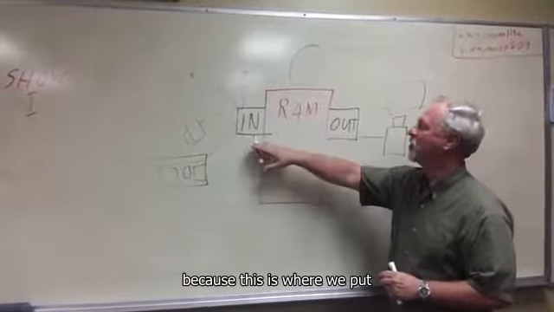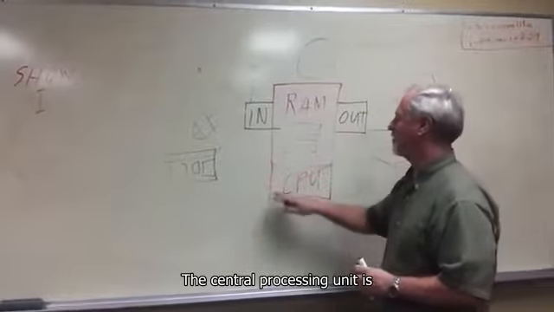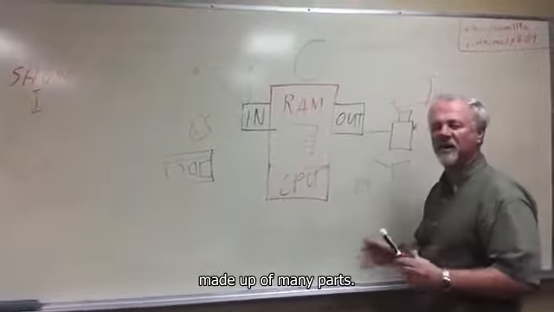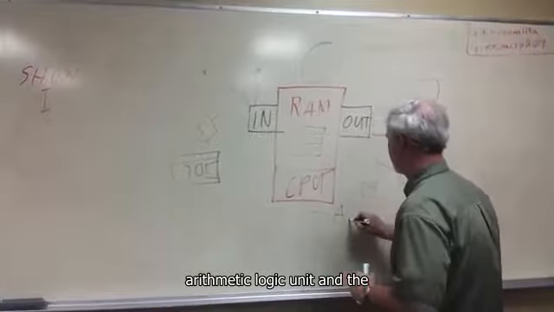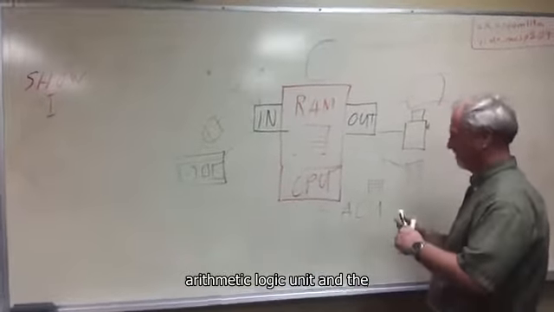Next we have the CPU, Central Processing Unit. The Central Processing Unit is made up of many parts. We're just going to talk about the two major parts. Two major parts would be the arithmetic logic unit and the control.